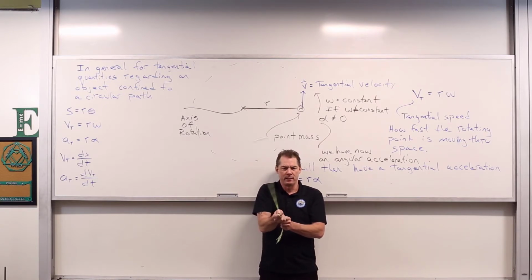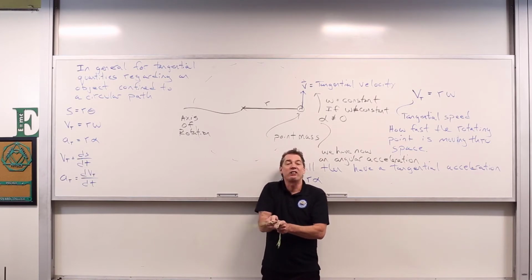What does that mean? That's right. That means that the angular acceleration is 0. No angular acceleration. If the angular acceleration is equal to 0, the tangential acceleration has to be equal to 0 as well. Its tangential speed is constant if its angular velocity is constant.